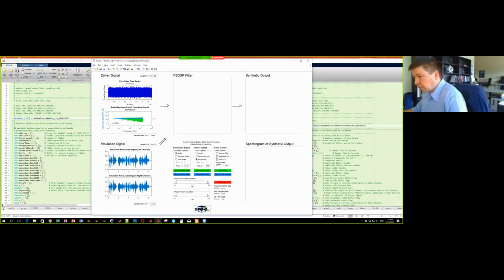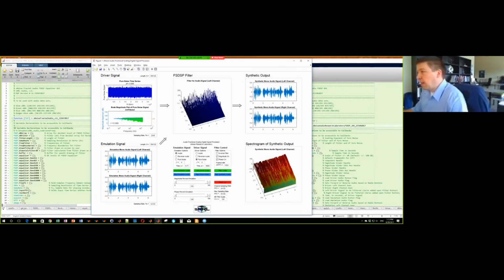So if I just filter this audio signal, we have a new synthetic audio signal, and this is the short time Fourier spectrum waterfall plot of that signal, or the spectrogram.